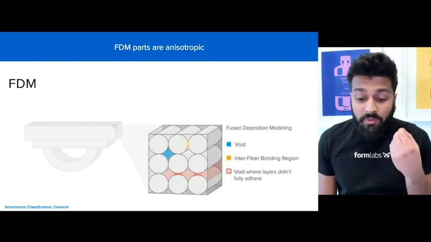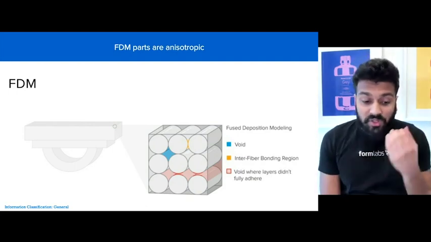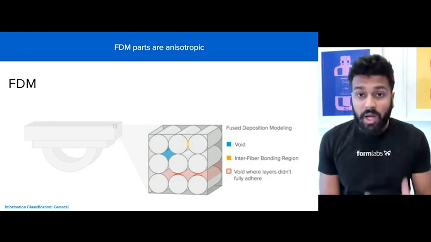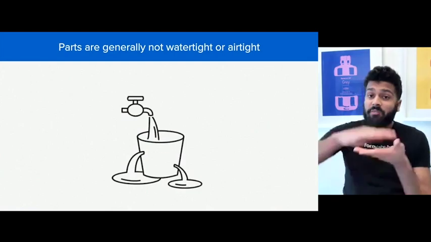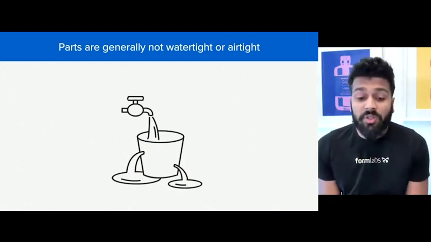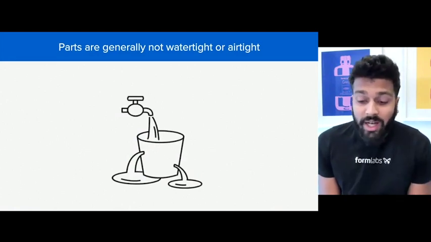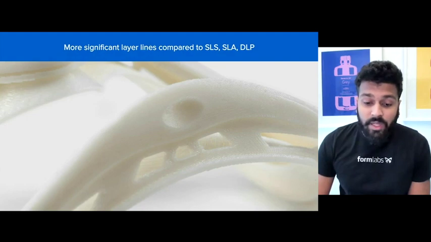That's when you have void zones, and that is common when it comes to the pure science behind FDM print processes. Because you're not going to have proper layer registration all the time, FDM parts are not generally watertight or airtight. So that's something you have to keep in mind.